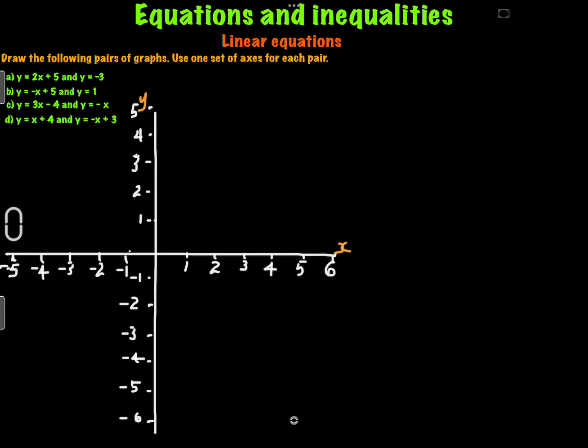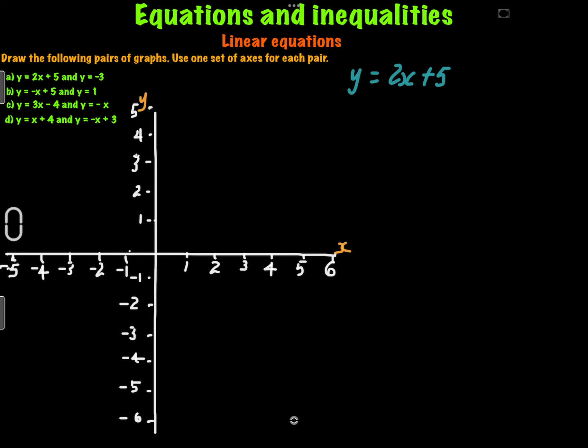Before one dwells into this application, it's very important to carry out some calculations with regards to constructing graphs on the Cartesian plane. So we rewrite the problem, which is y equals 2x plus 5.